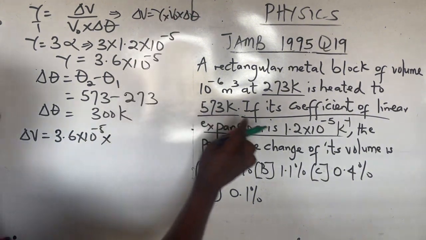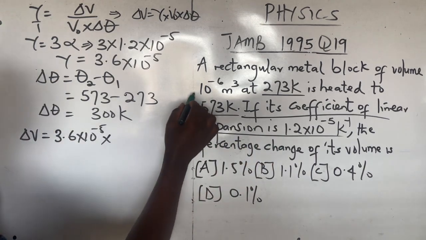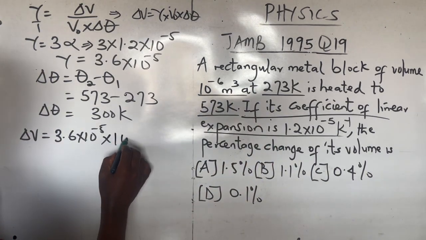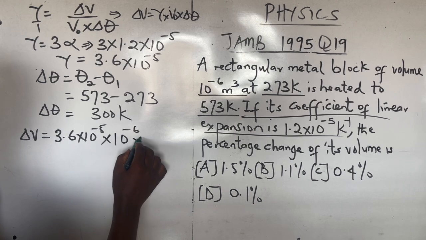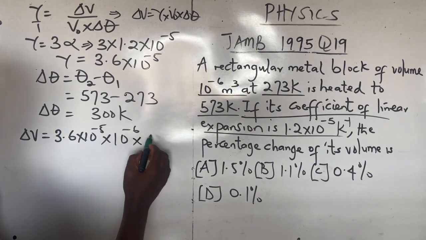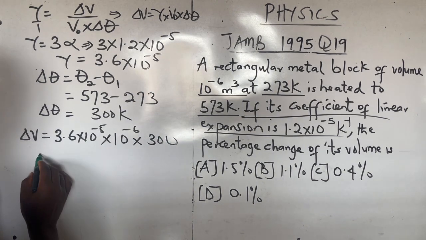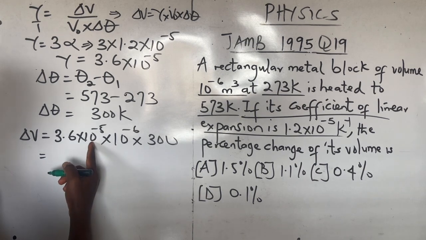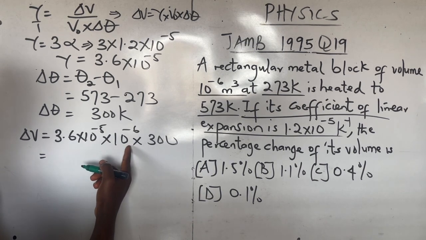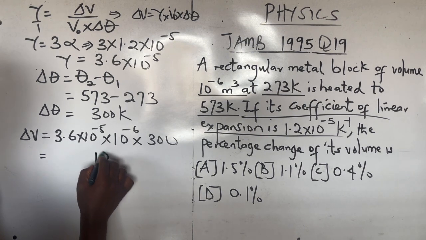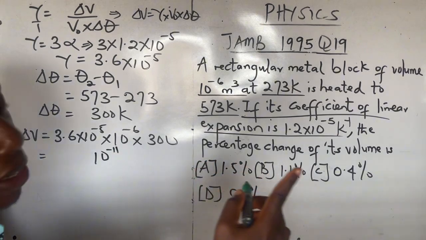The initial volume given in the question is 10 raised to power minus 6. And change in temperature is 300. If we evaluate this, 10 raised to power minus 6 times 10 raised to power minus 5 is 10 raised to power minus 11.